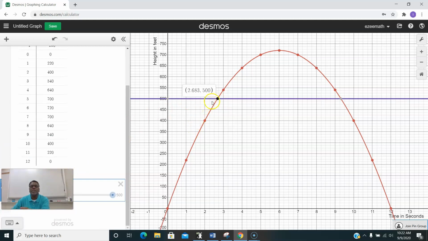After 2.6 seconds, the height is going to be above 500 feet, and that rocket is going to be in the air more than 500 feet from 2.6 seconds all the way up to 9.3 seconds. So during that interval, anytime you can have that detonation or exploding of the rocket. This is another thing that you can answer from there.